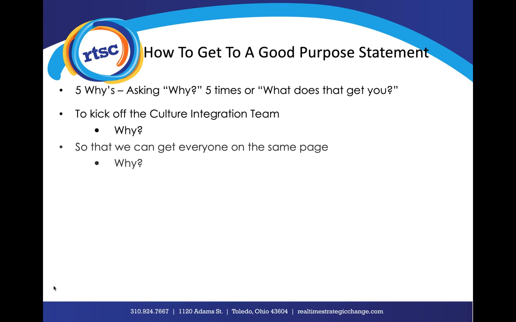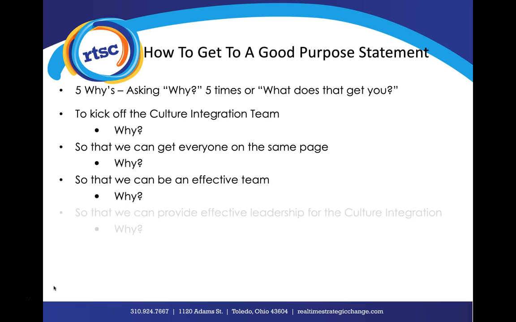Well, so that we can get everyone on the same page in terms of this team. Well, why is that important? I would say so that they can be an effective team. Okay, good, but why is it important to be an effective team? So that we can provide effective leadership for the culture integration itself. Now we're starting to get closer to home.